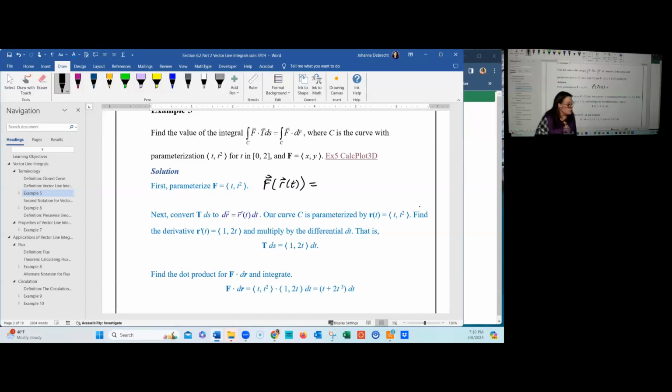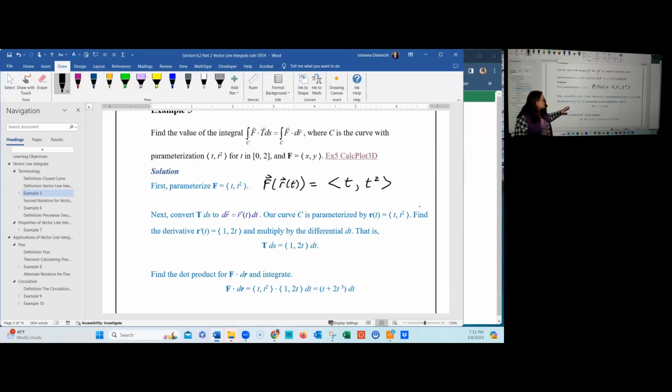When we look at this, r of t is t, t squared. So we replace x with t and y with t squared. This gives us the representation for F of r of t. Now we need to convert that unit tangent vector with the arc length differential into r prime of t dt, which is also our dr, the vector differential.